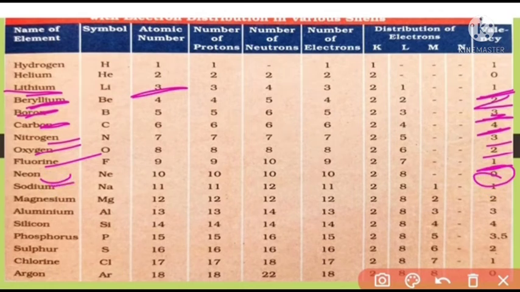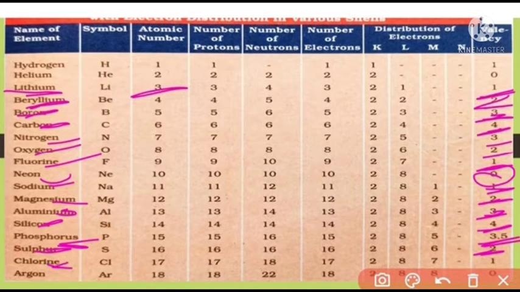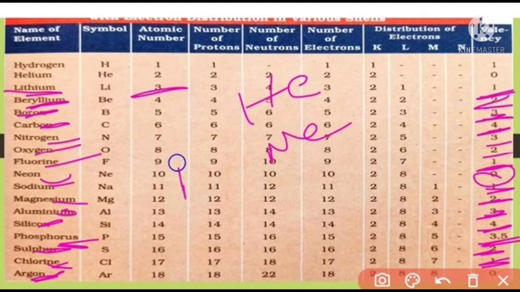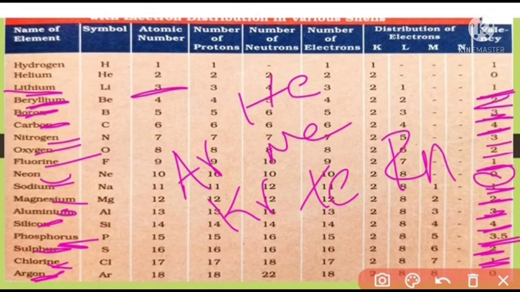Sodium 1, magnesium 2, aluminum 3, silicon 4, phosphorus has valencies 3 and 5, sulfur 2, chlorine 1. Argon is 0. All noble gases, helium, neon, argon, krypton, xenon, radon, have valency 0.